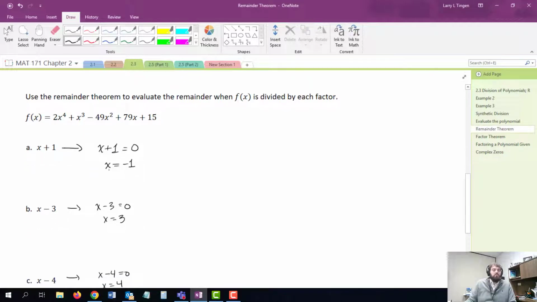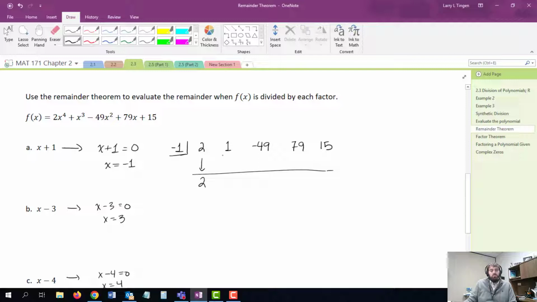This process is allowing me to do the same thing. I can either plug -1 into the original function and see what value I get out, or I can do division of f of x divided by x plus 1, and whatever I end up with for the remainder is the same value that I would get if I just evaluated the function at -1.